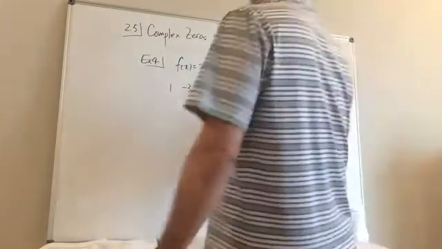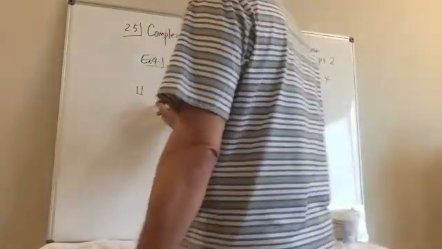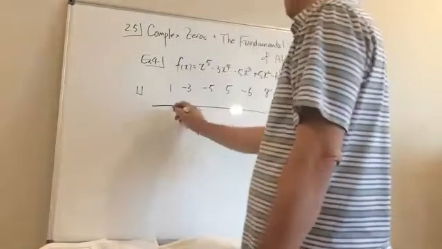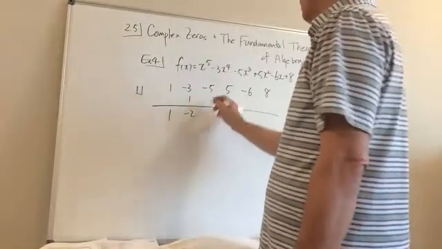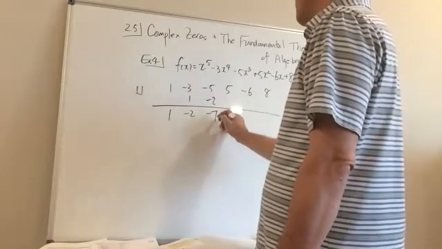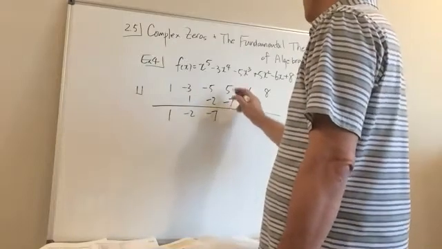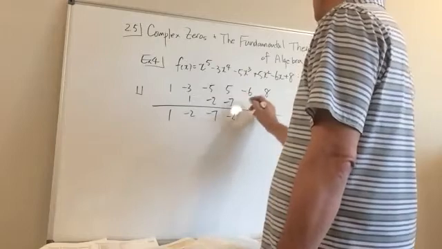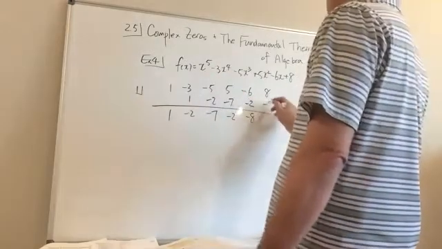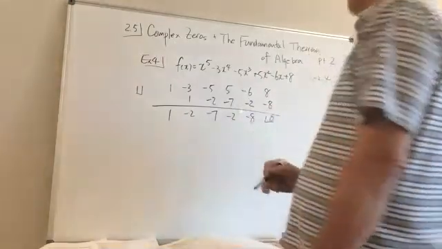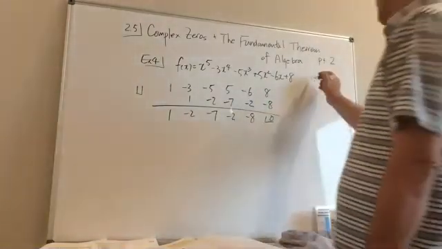Okay, so the first one is 1, so let's do 1. 1, 1, -2. -2 times 1 is -2, -7. -7 times 1 is -7, -2, -8. 1 times -8 is -8, 0. Okay, so we use that one.